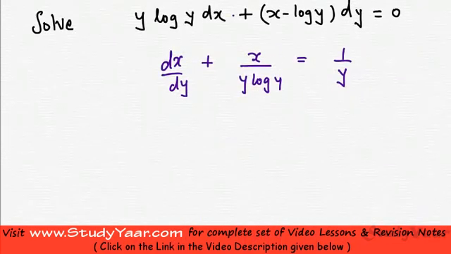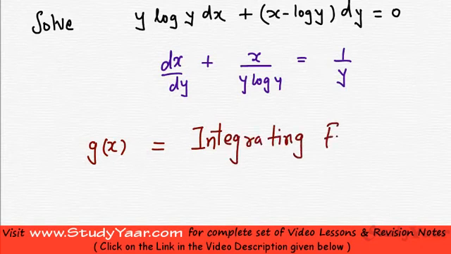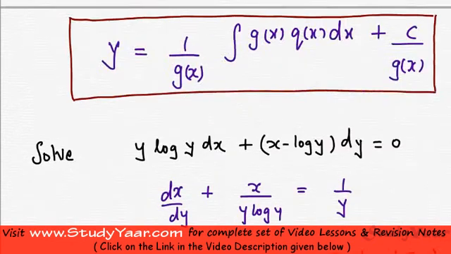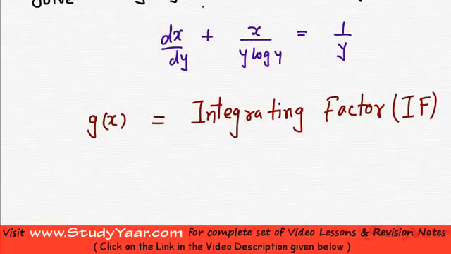Just understand one thing. Your g(x) is also known as an integrating factor. I'll just write down this terminology for you. So this is also mentioned as an integrating factor or an IF. So what is g(x) in this case? My g(x) is e raised to power integral p(x) dx.